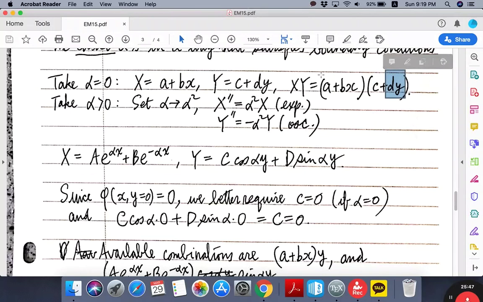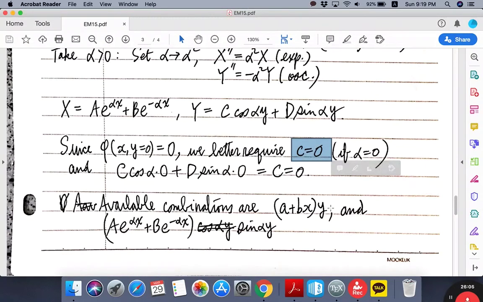And so the whole thing becomes c times a plus bx, but we better have this entire thing equal to 0. And the only way that can happen is if we take this little c equal to 0. Okay? So that's pretty much the only option that's left to us by the boundary condition.